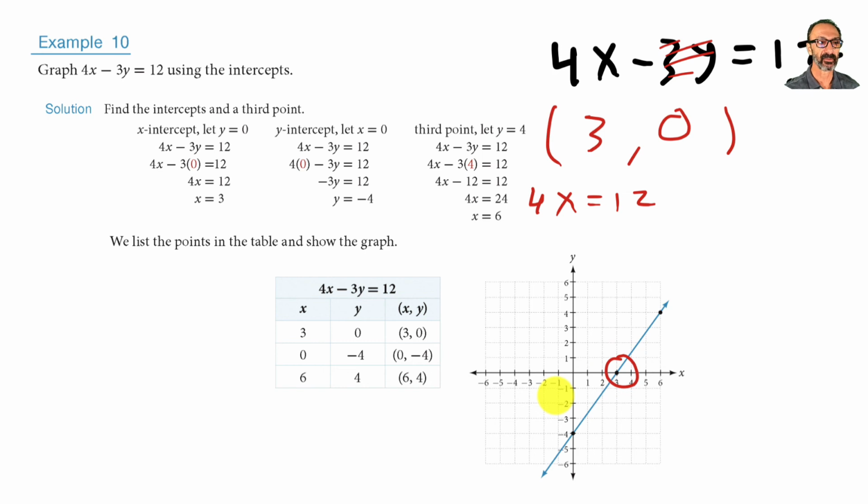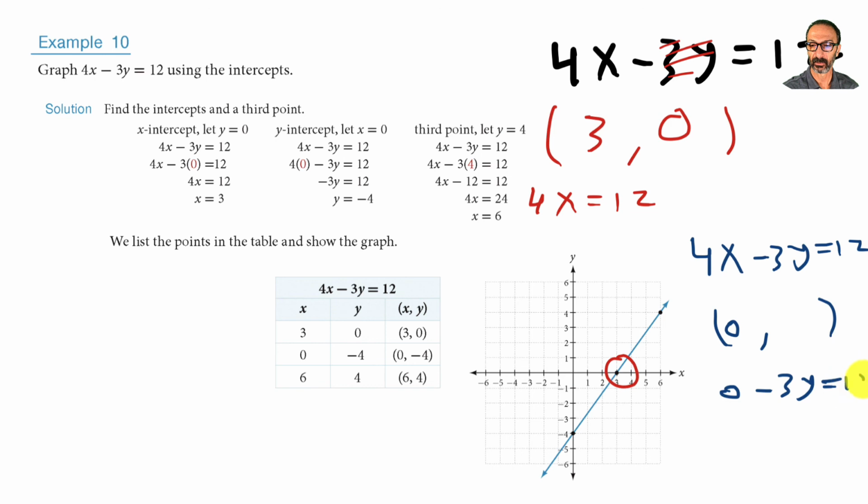Let's do it the other way around, so let's pick a different color. I have 4x minus 3y equals 12, and if you want the y value, I'm going to set x equals 0. That's the y-intercept. So 0 minus 3y equals 12. Negative 3y equals 12.